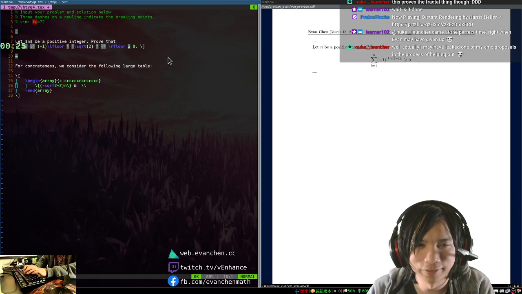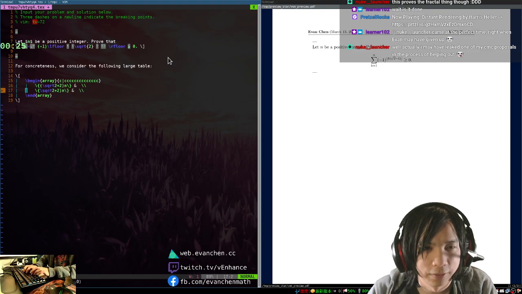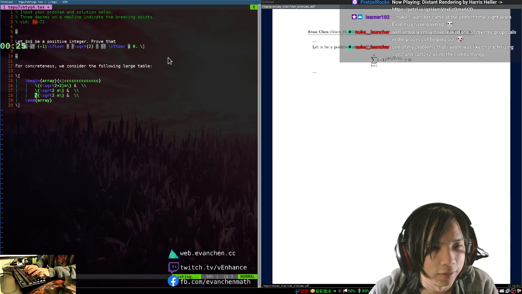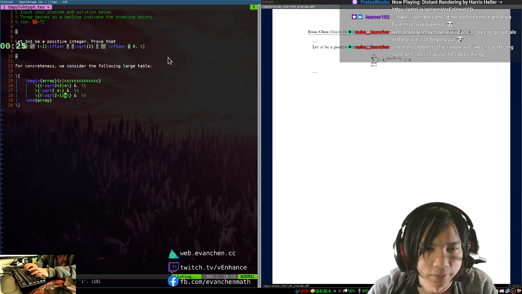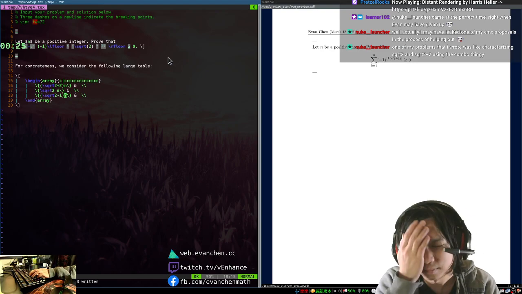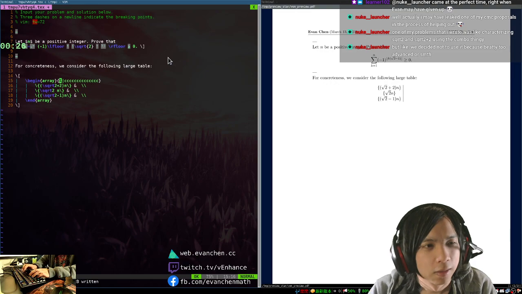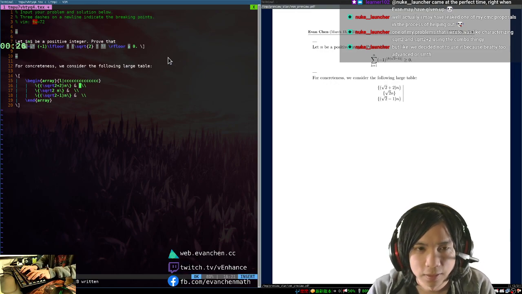Okay, so the sequences we're looking at are root 2 plus 2, root 2 itself, and then root 2 minus 1.